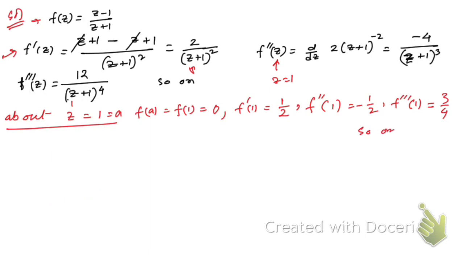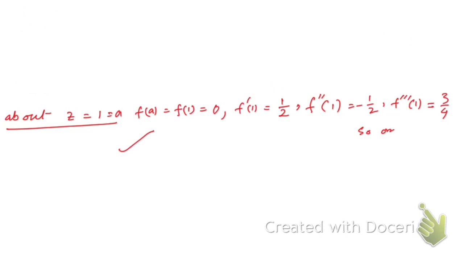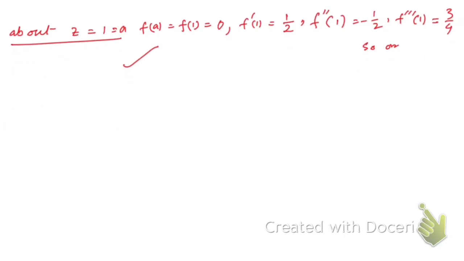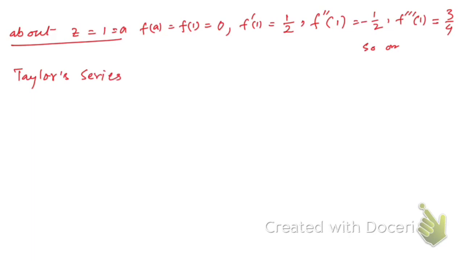So what's going to be the Taylor series now? As we have got those values, let me clean this part, because I already wrote these things in the previous slide. So here we go. So in Taylor series, what was the series?